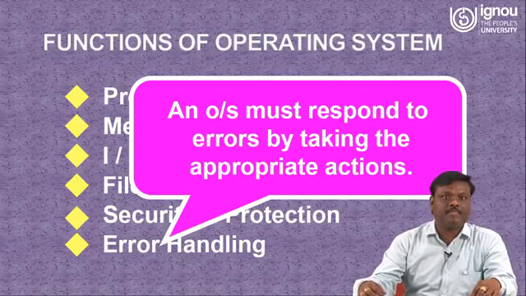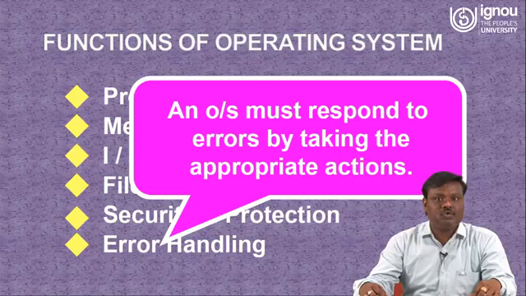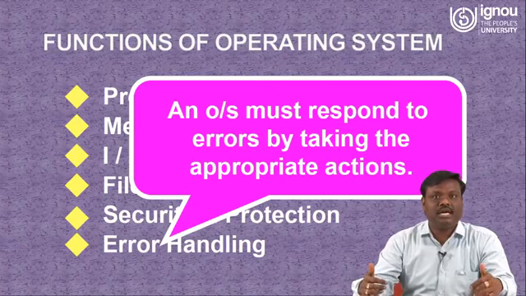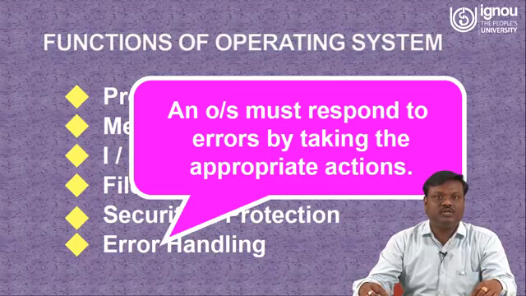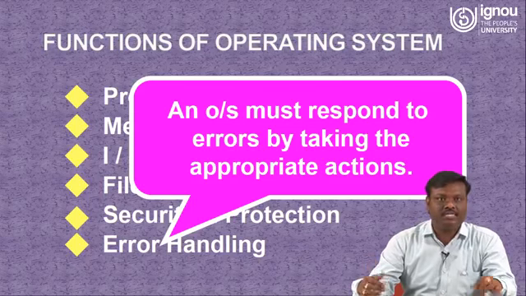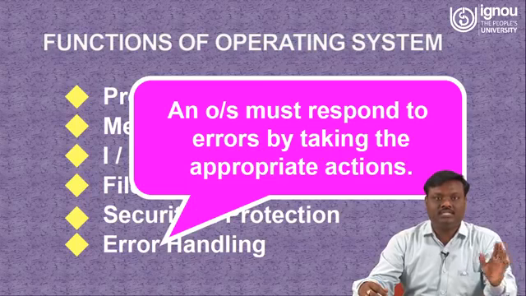Then comes the error handling part. An operating system must respond to errors. Suppose you want to divide by 0. Immediately it should tell you that the operation you are trying is about to fail, because it is trying to divide some integer by 0.